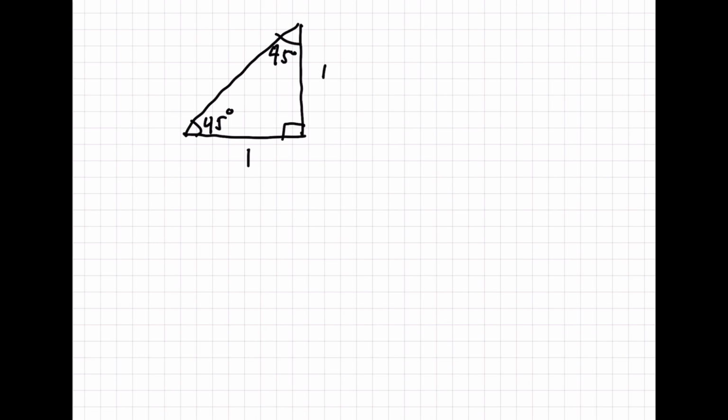Now how do we get this longest side here? Again, you apply the Pythagorean theorem. So a squared plus b squared is equal to c squared. And your a here can be interchanged with b. So we don't have any problems as long as both are the legs of the right triangle.